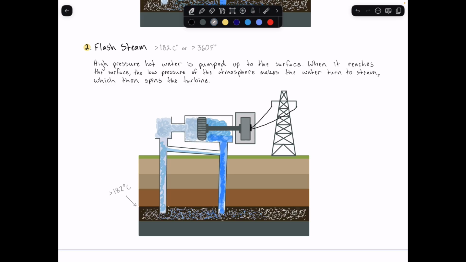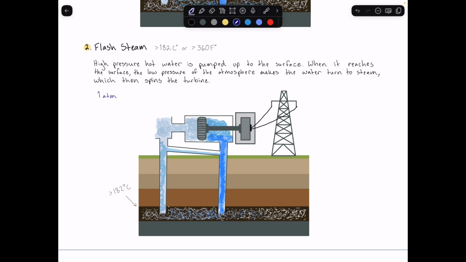So why is not all of this just steam? And this has to do with pressure. So up here at the surface, the pressure that we are under is 1 atm. So an atm is an atmosphere, and we are at 1 atmosphere of pressure up here.